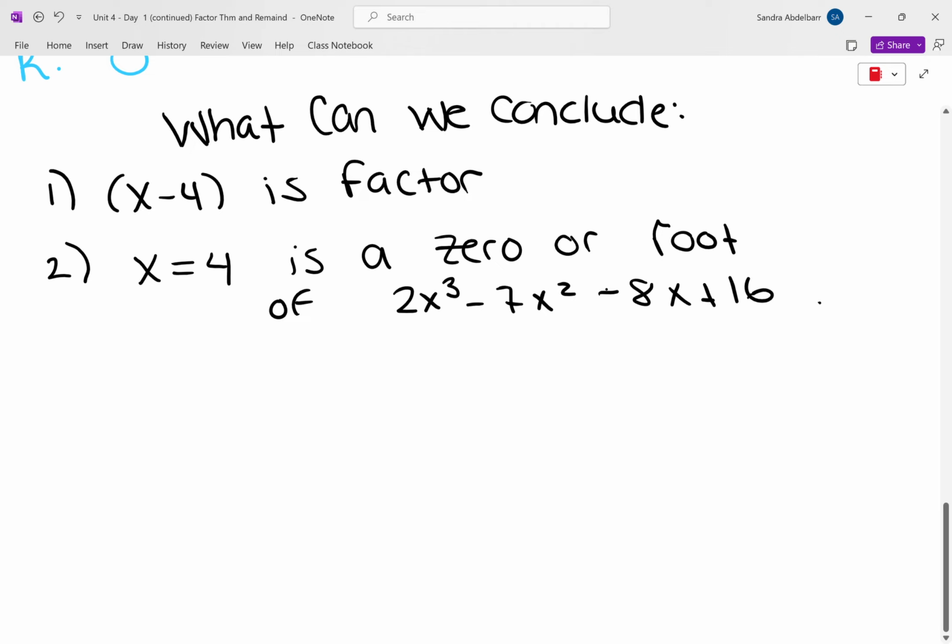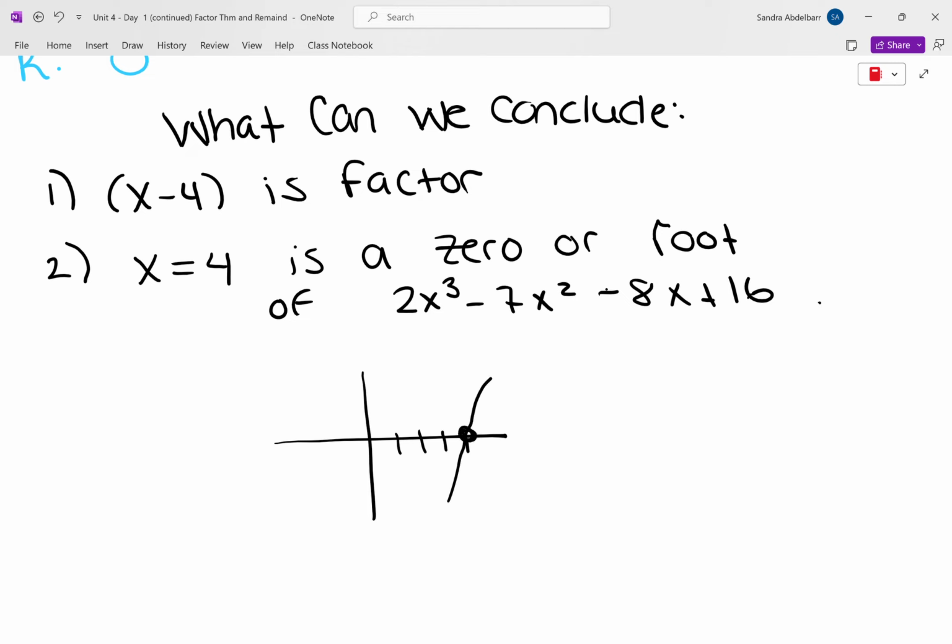Could somebody tell me what I mean by that, x equals 4 is a 0 or root of this? What does that mean? Do you know? So when I say it's a 0 or a root, what I mean is, let's say we have our graph.